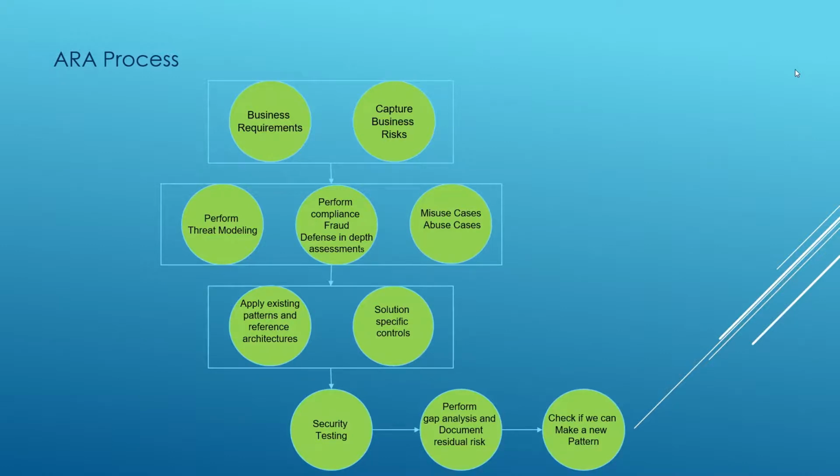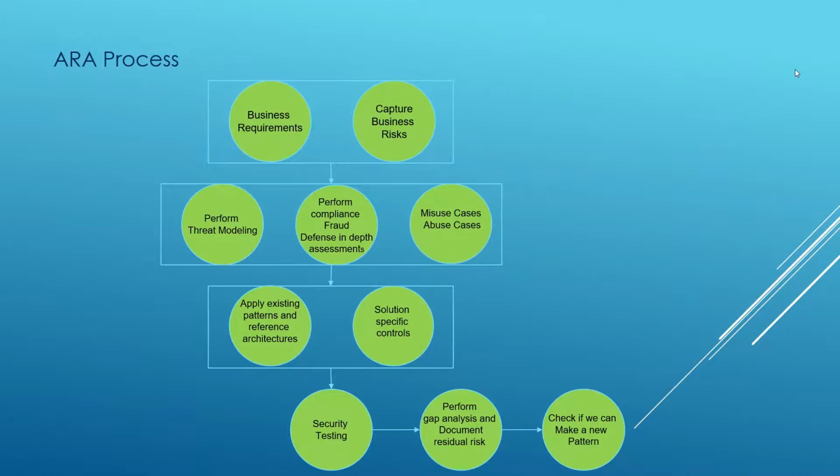So now you look at your patterns which you already established and you look at your reference architectures and see if any of them is going to work as a baseline for you. If you already have a reference architecture, or a pattern which is going to help, take that pattern, and all the controls you established in the pattern are going to work as a baseline set of controls.